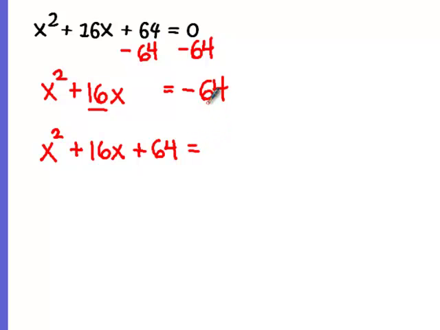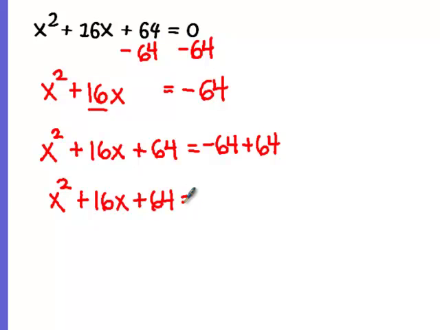Now if you add 64 to negative 64, we're going to come back with 0. So we have x squared plus 16x plus 64 equals 0. Now the reason why we just ended up with exactly what we started with is because you can factor x squared plus 16x plus 64 right away.